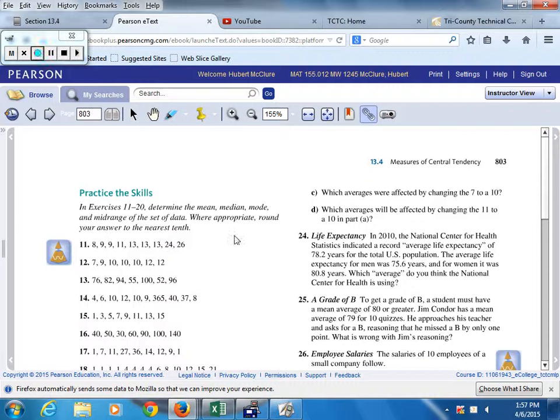So just write those down, number 11. Eight, 9, 9, 11, 13, 13, 13, 24, and 26.